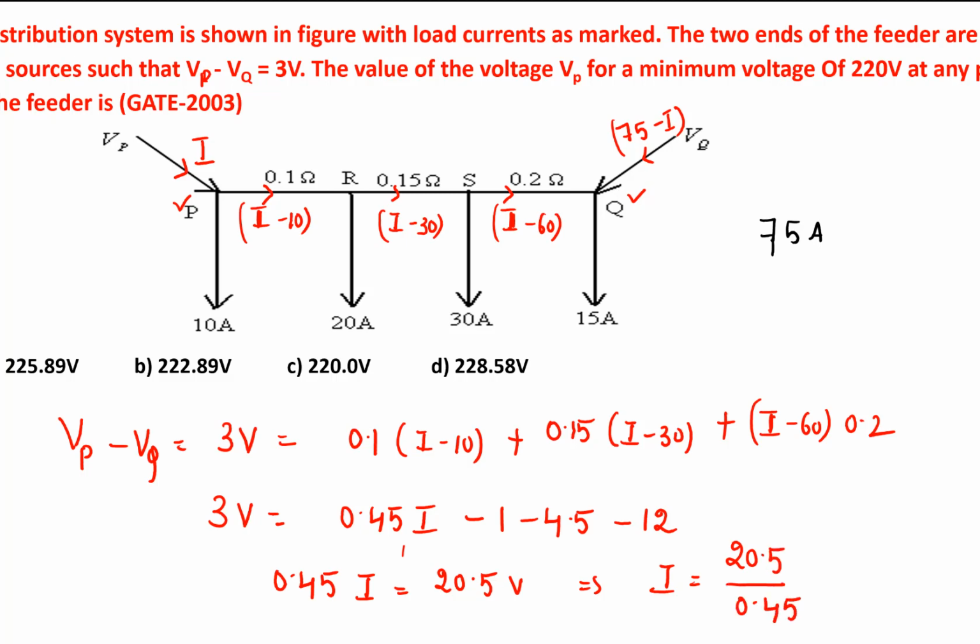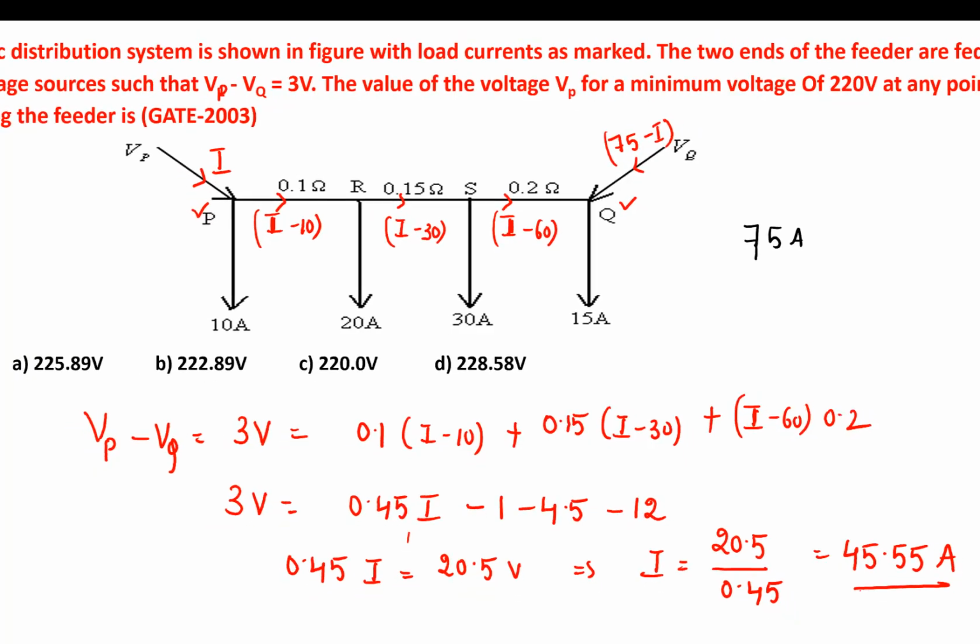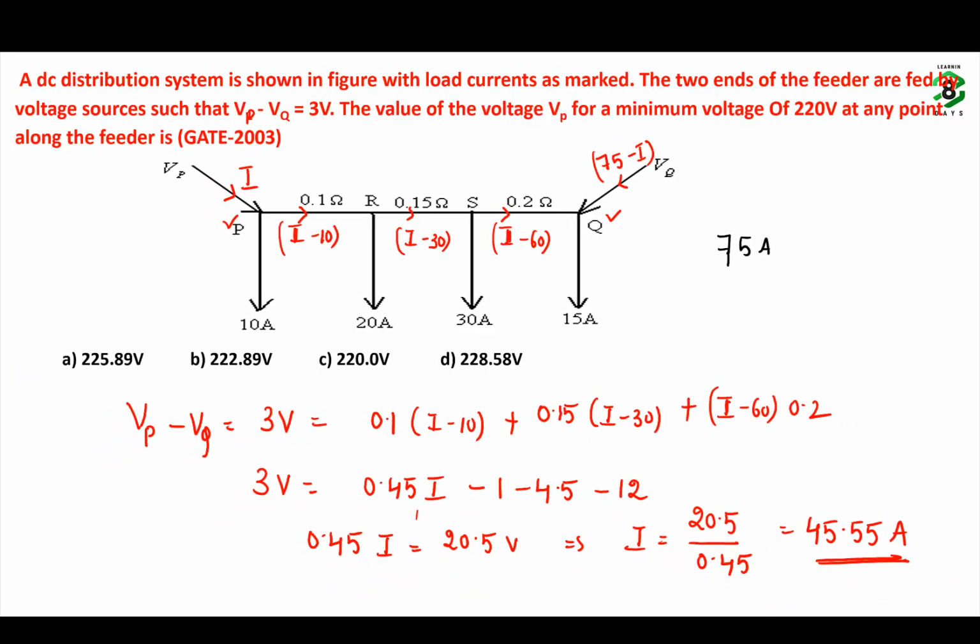So what is this value? This value is 45.55 ampere. So source at P is supplying how much current?